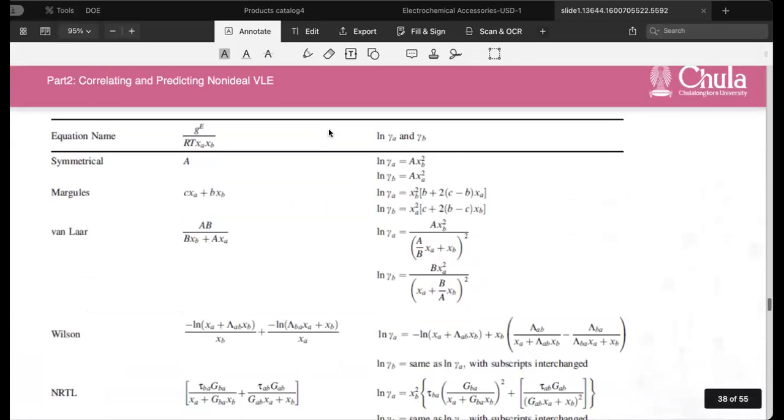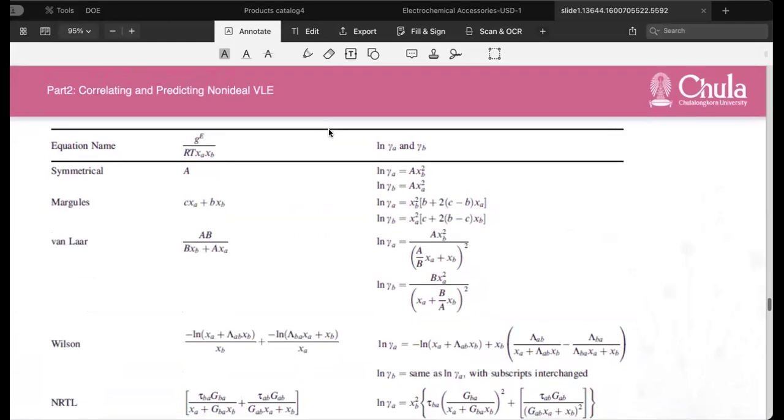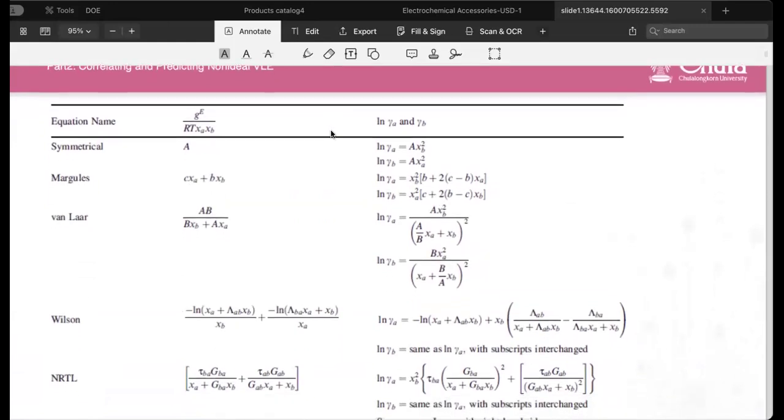And if you look at the chapter I sent you, you can find this table. From this table, you see, the symmetrical model uses only one parameter, and the resulting model is log gamma A is AXB squared, log gamma B is AXA squared.